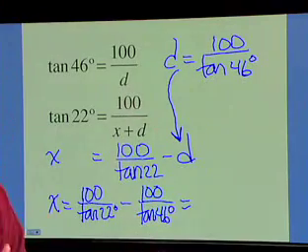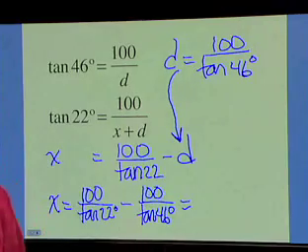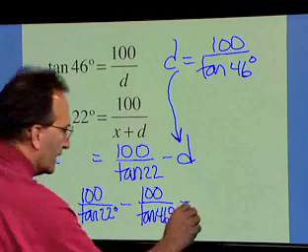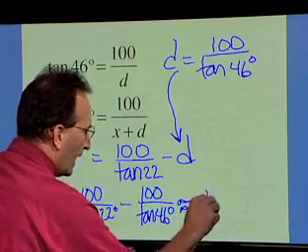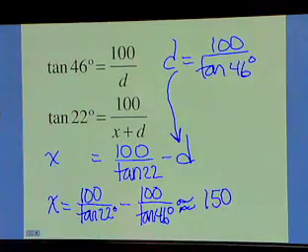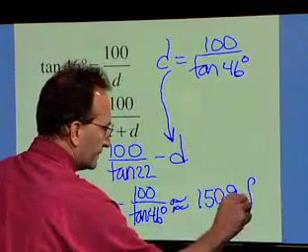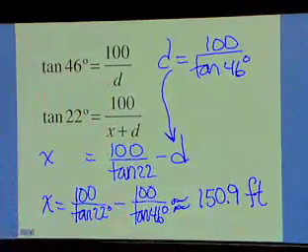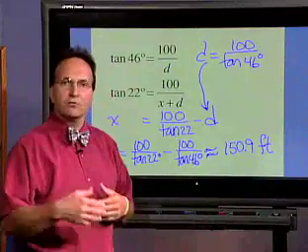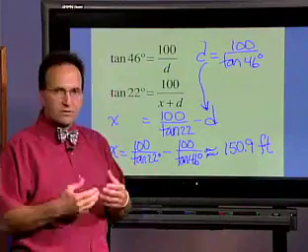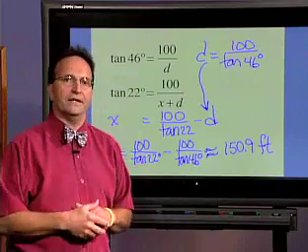And of course, you plug that into the calculator, work it out, and it's going to be approximately 150 and 9/10 feet. So depending on how exact you're required to be, you could say it's approximately 151 feet.